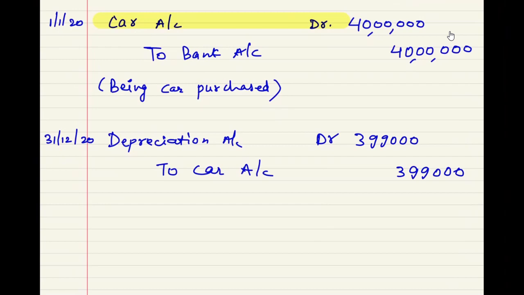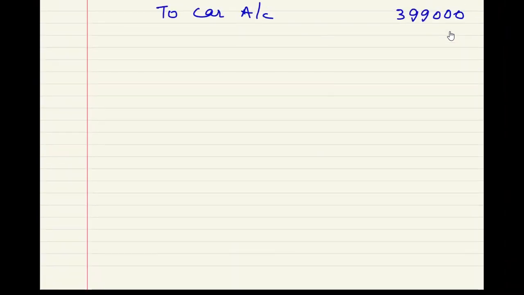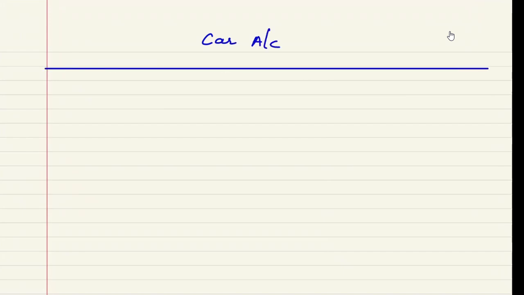Now let us prepare the car account and the depreciation account and the P&L account. So we are preparing the leisure car account. So on 1st of January 2020, I have purchased the car.